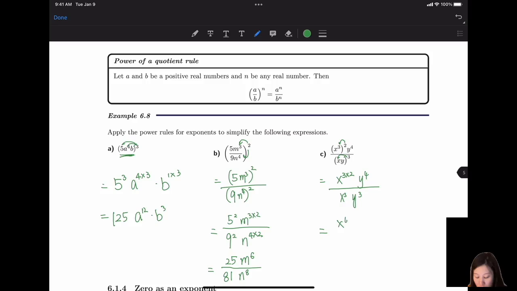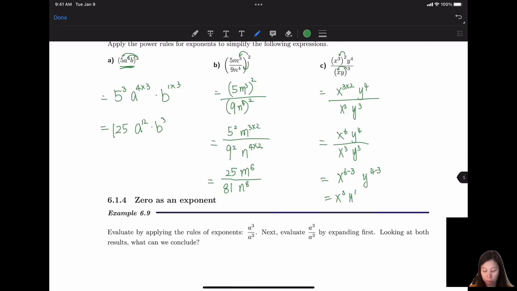So I have x to the 6th, y to the 4th over x cubed, y to the 3rd. And then, since this is a fraction, by the quotient rule we can subtract the exponents. So we have 6 minus 3, y to the 4 minus 3. So we have x to the third, y to the 1, which is x cubed times y.